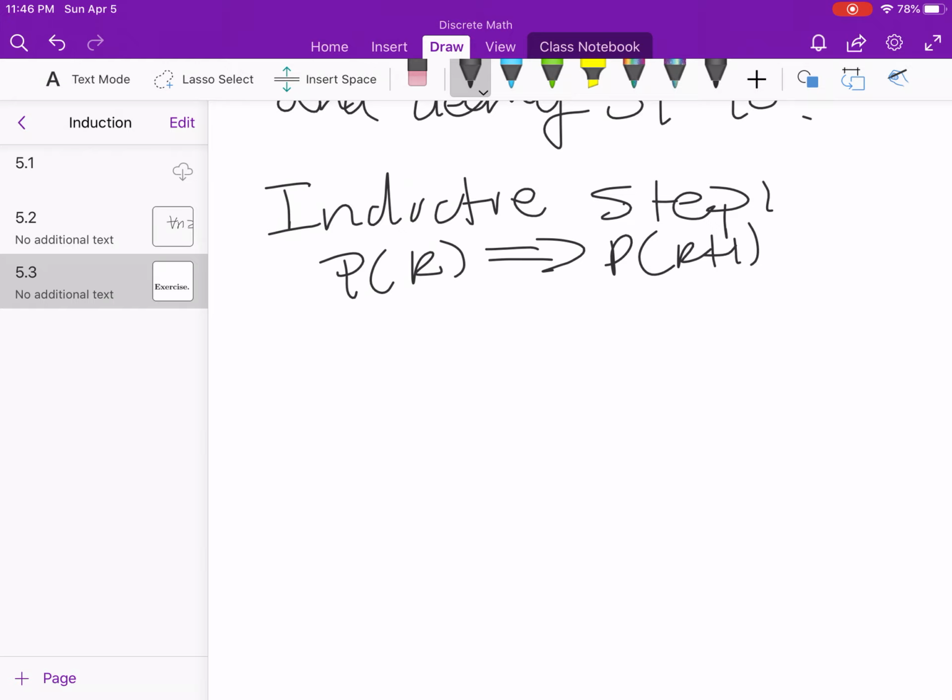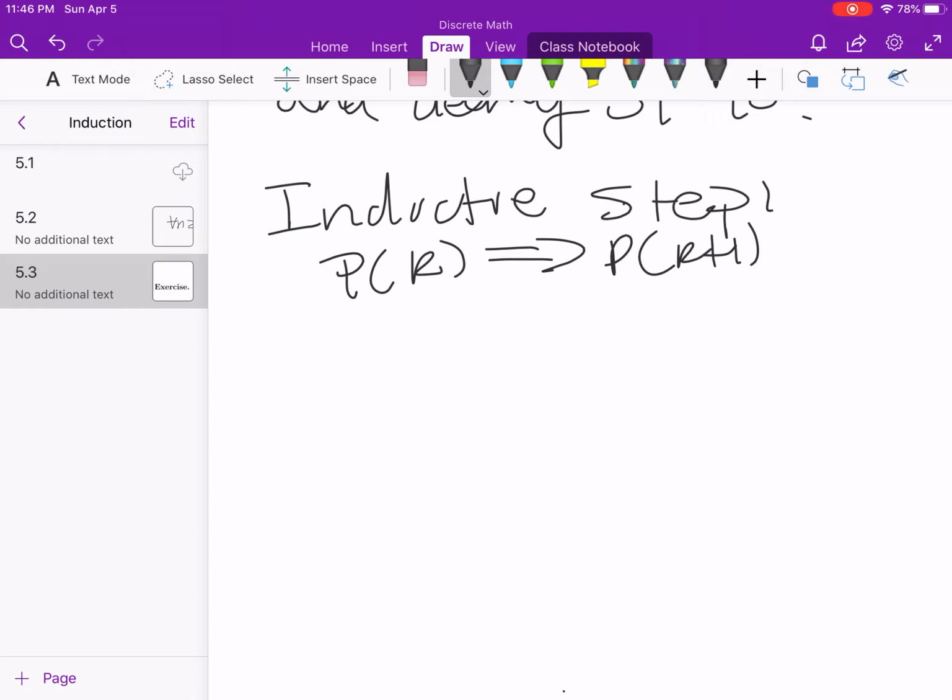So in this case, what does it mean? Well, I want to show, by supposing that 5 divides k to the 5th plus 4k minus 10, that I can deduce that 5 divides k plus 1 to the power 5 plus 4 times k plus 1 minus 10.